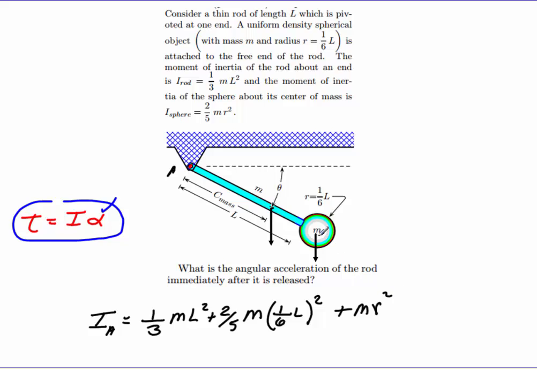We have to include that because this value here, the 2/5 mr squared, is only the moment of inertia about its own center. You've got to use the parallel axis theorem in relationship to the point of rotation. So we're going to do that now.